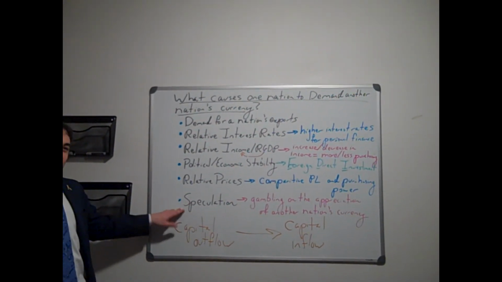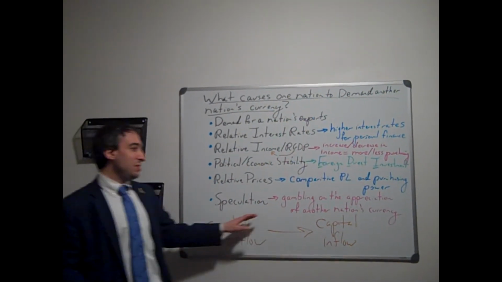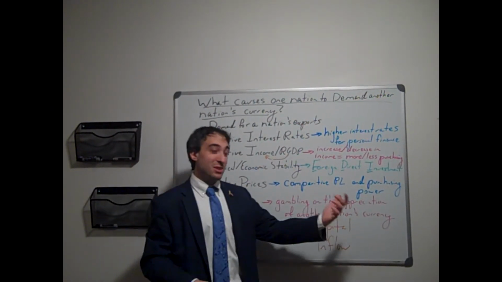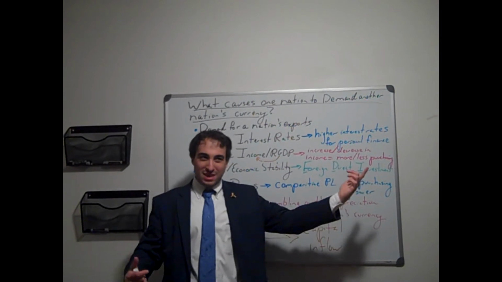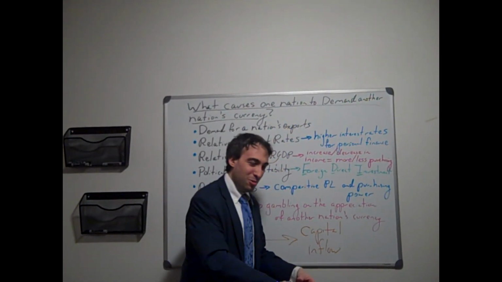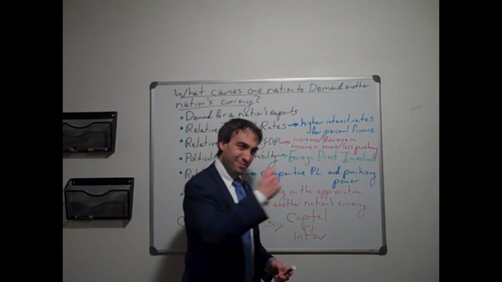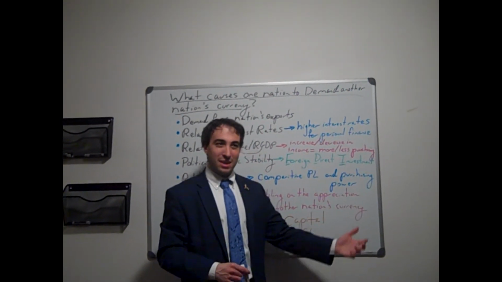And lastly, good old-fashioned gambling: speculation. Does a person in nation A think nation B's currency is going to appreciate? If it does, then let's say their currency is low, so for $1 they buy $1,000 of their currency.